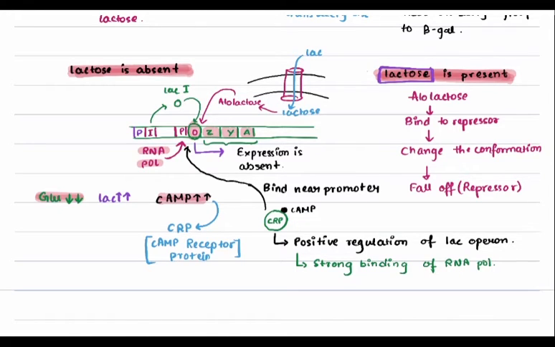And once RNA polymerase binds with greater affinity, it is going to transcribe all the structural genes, and eventually they are going to be encoded into the proteins that they should be.